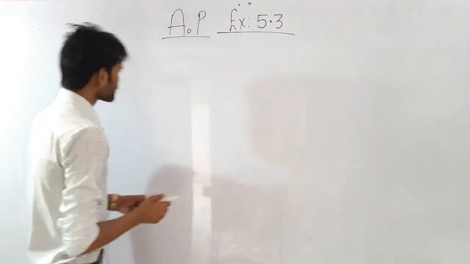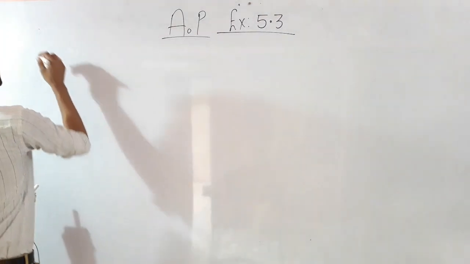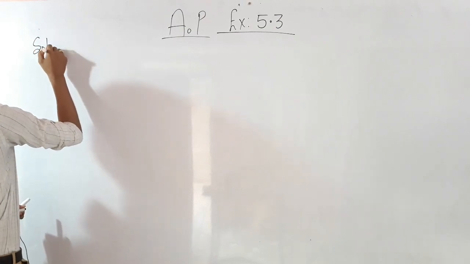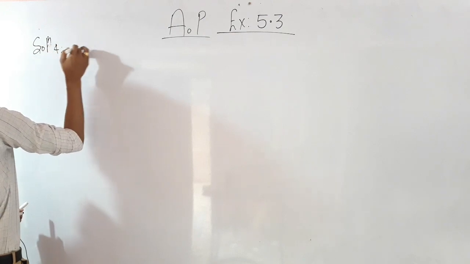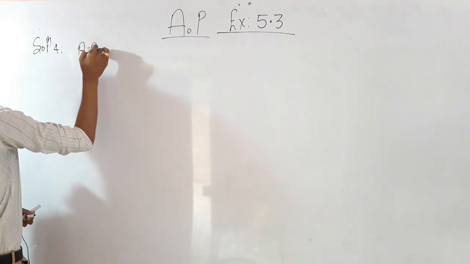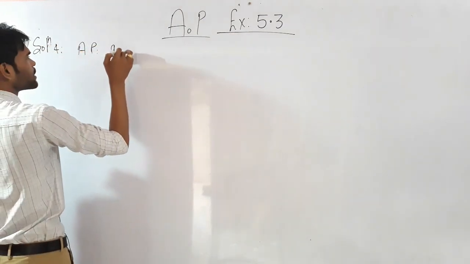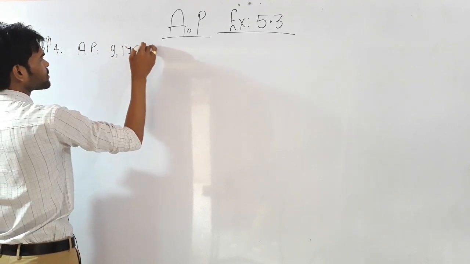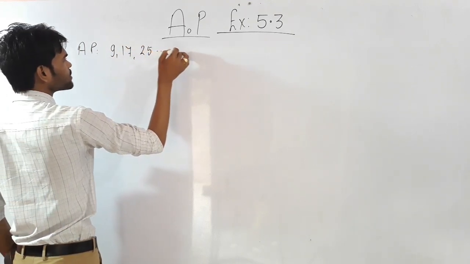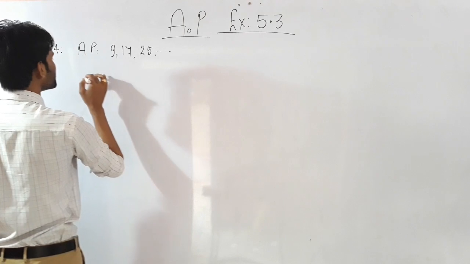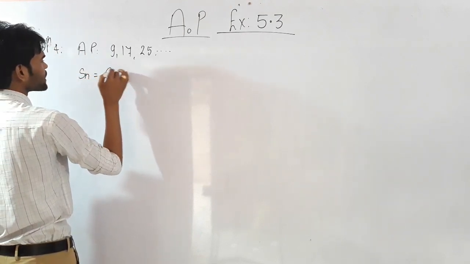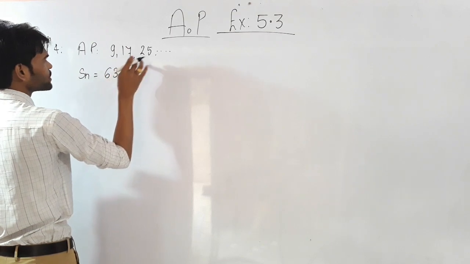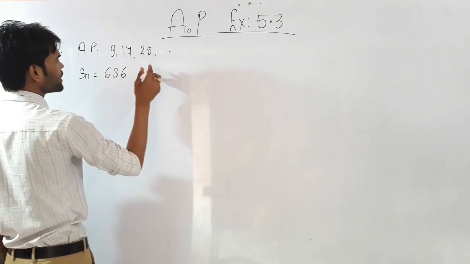You are given an AP like this: 9, 17, 25 and so on, and you need to find the sum of 636 using some terms of this AP.